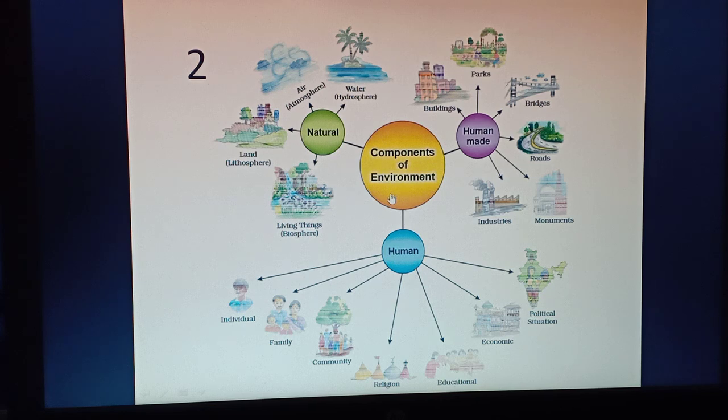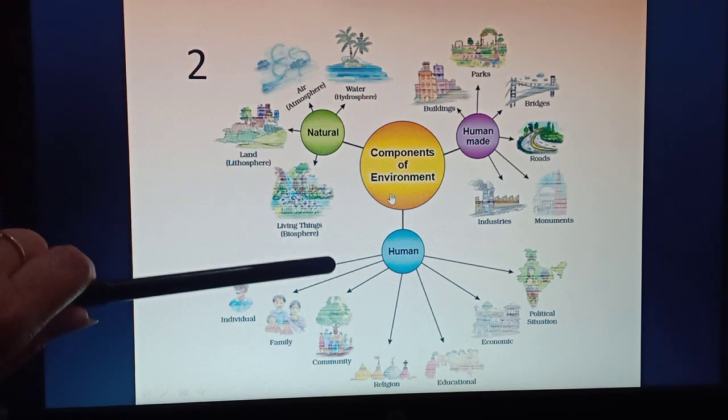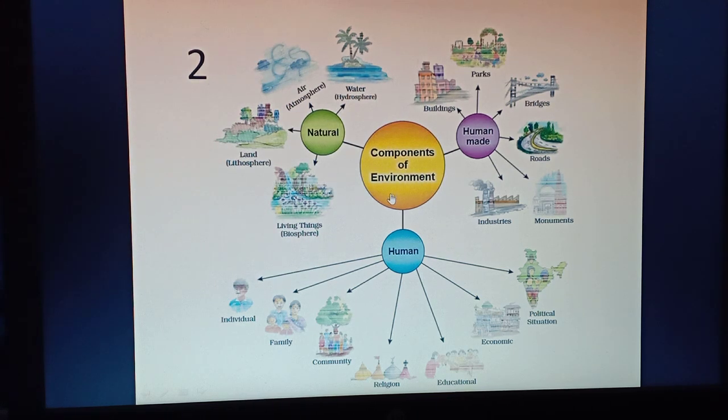So now let's talk about the components of environment. In the natural category, we have land, air, water and all the living things which come under the biosphere. And now coming to human-made things, there are buildings, parks, bridges, roads, industries, infrastructure basically, which are created by humans.